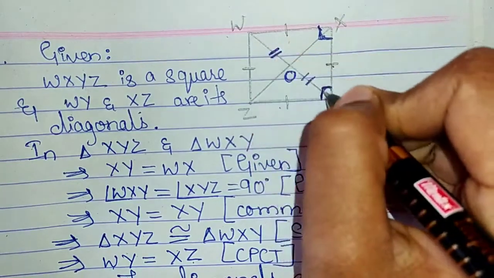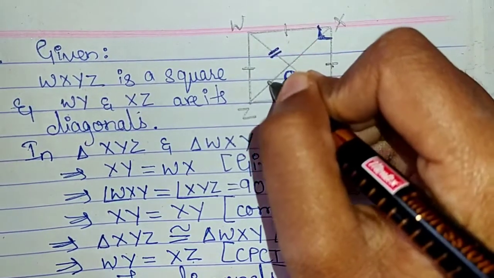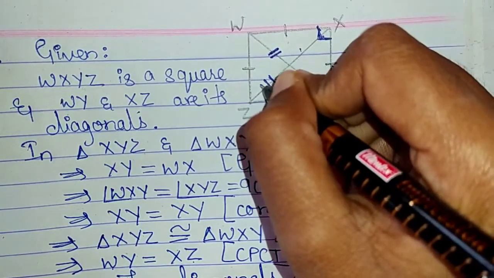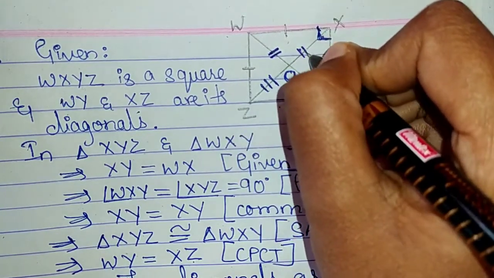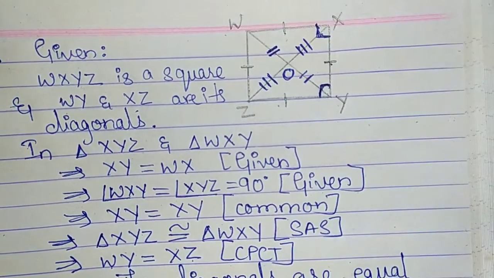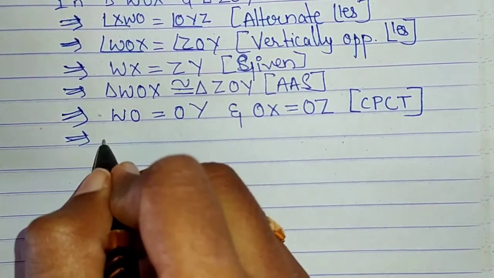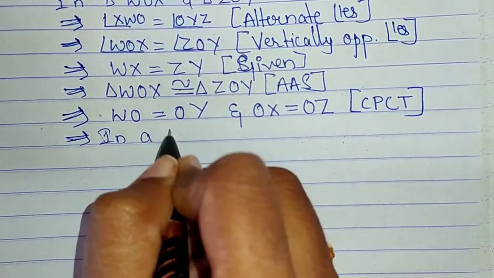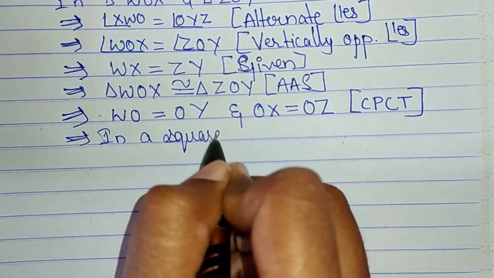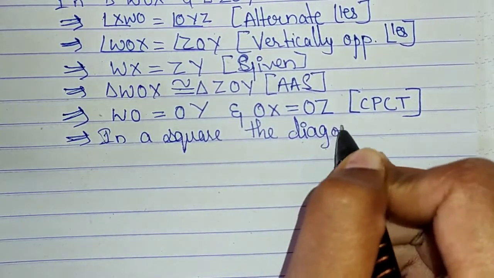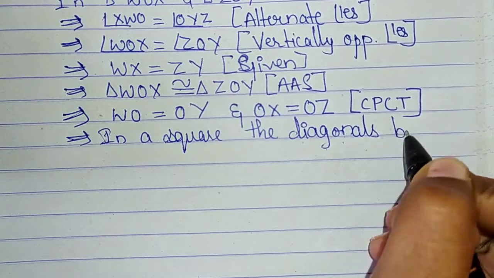That means this diagonal has been bisected, and OZ is equal to OX. So this diagonal also has been bisected. So in a square, the diagonals bisect each other.